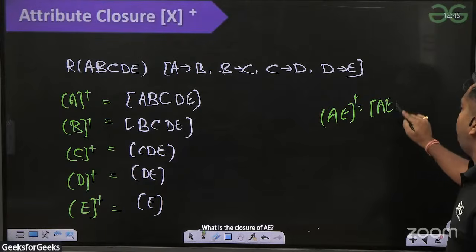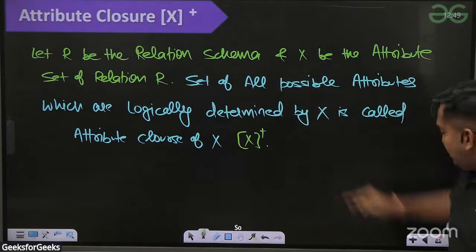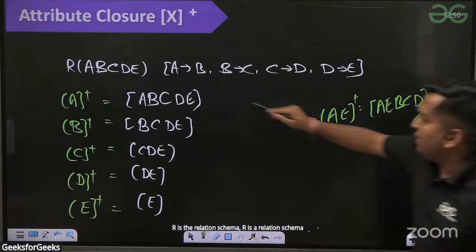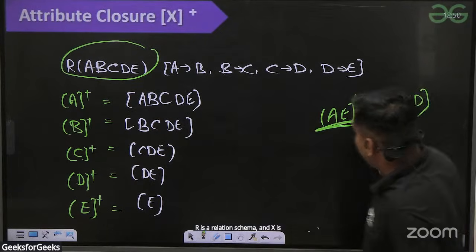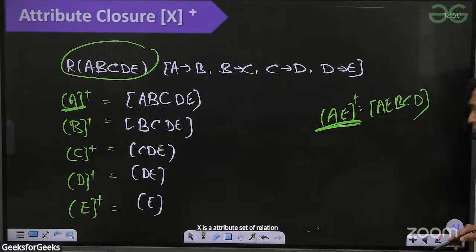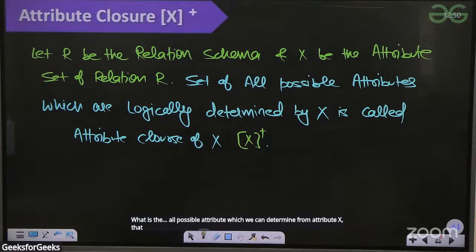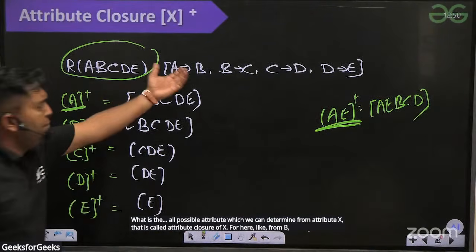A, E, B, C, D. So R is a relation schema, and X is an attribute set of relation R. Then all possible attributes which we can determine from X is called the attribute closure of X. Here, from B we are getting B, C, D, E.